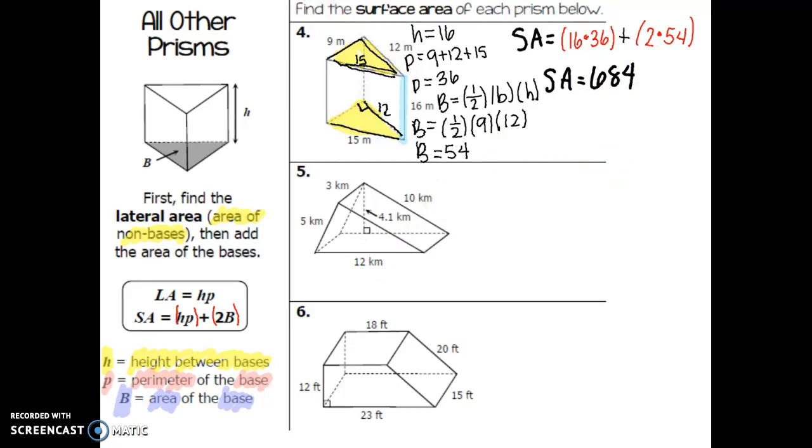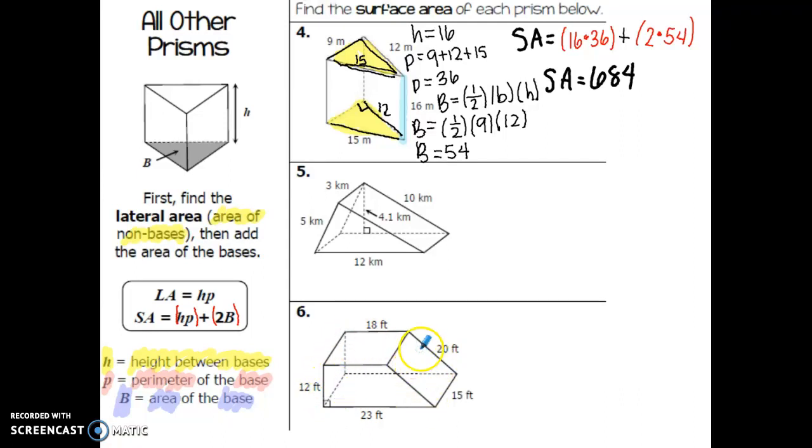Okay. So if we kind of look at number 6, number 5, of course, is solved the exact same way just because this is another triangular prism. But in this case, we have a trapezoid for our base. If we look here at the top, we have a square. The side parallels a rectangle, which means that's not it. On the side, we have a rectangle.